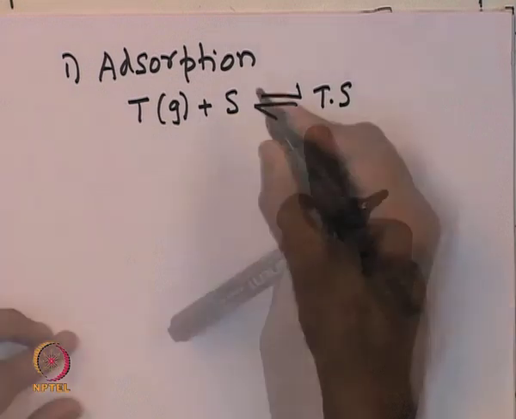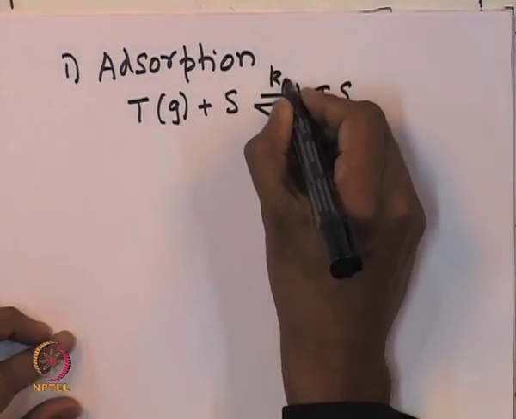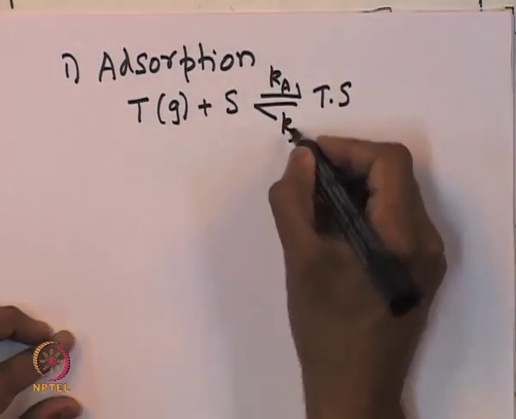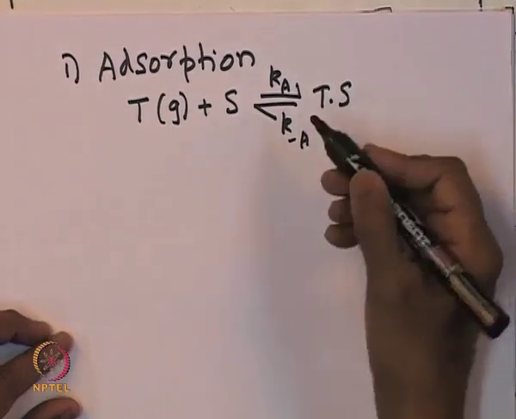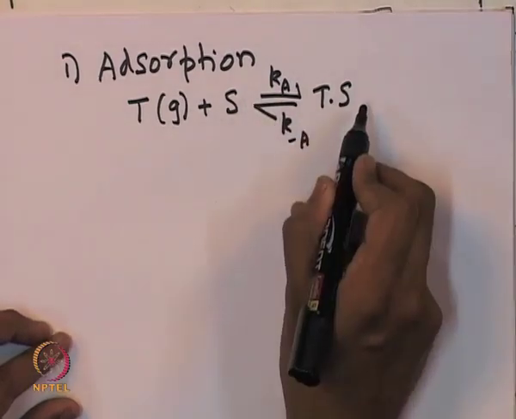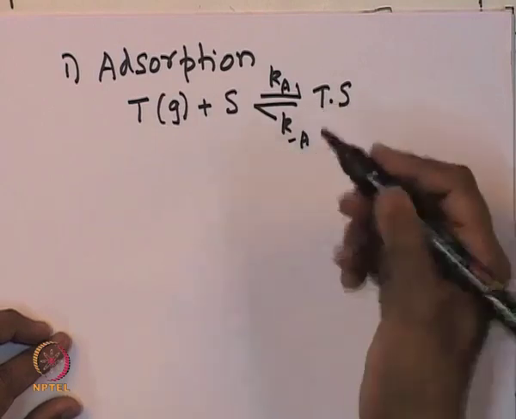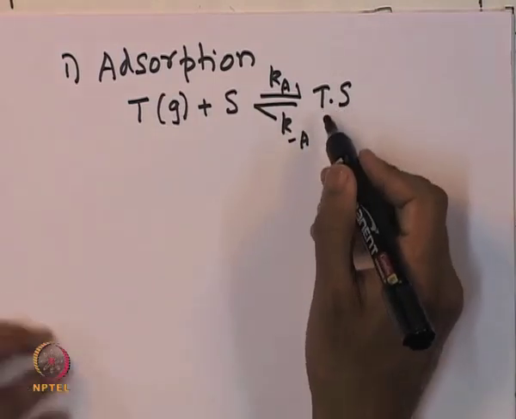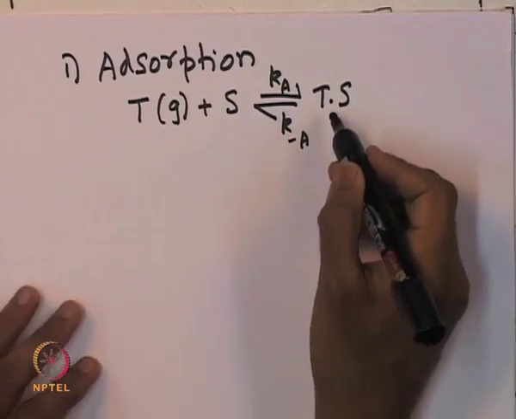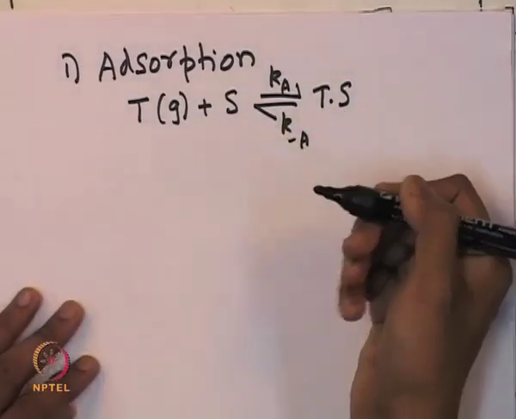We can also say that there is a specific constant which corresponds to the adsorption of toluene on the catalyst site, and it is an equilibrium process, so there can also be a simultaneous desorption.